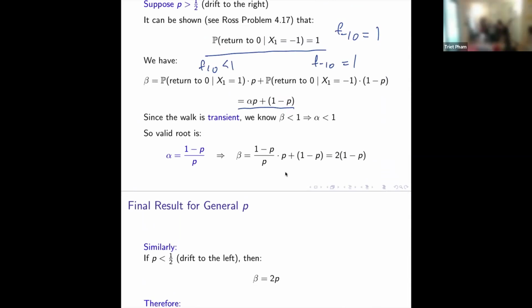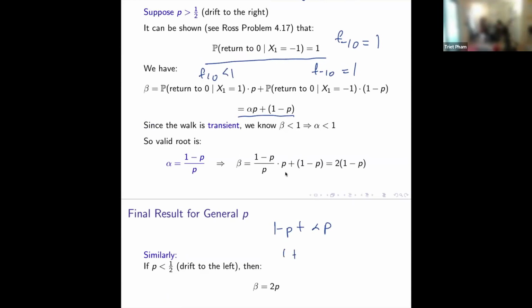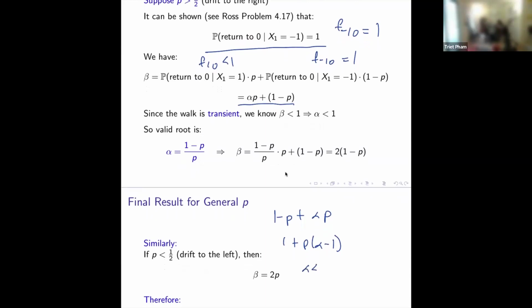If you sum these two together, you will get 1 minus p plus alpha p, which is 1 plus p times 1 minus alpha. Let me see if that works. Sorry, 1 plus p times alpha minus 1. And because alpha is less than 1, alpha minus 1 is less than 0, this whole thing is less than 1.